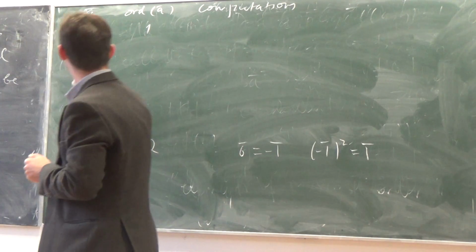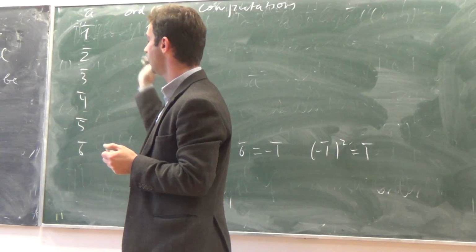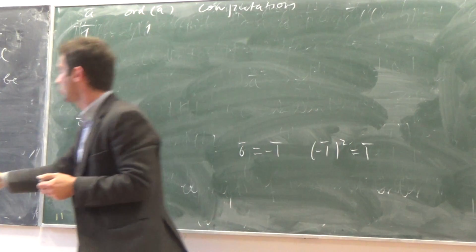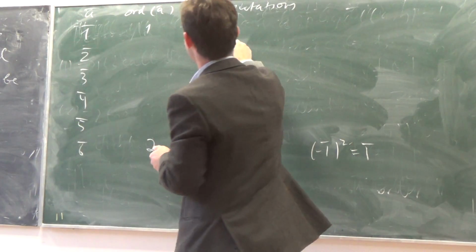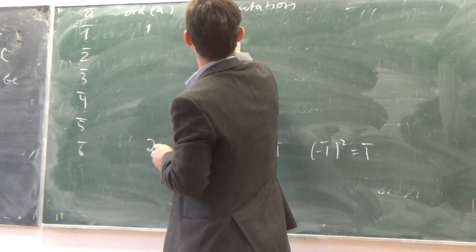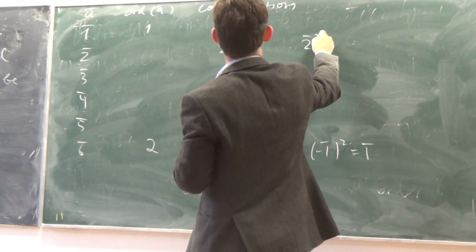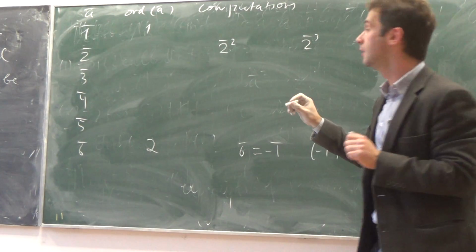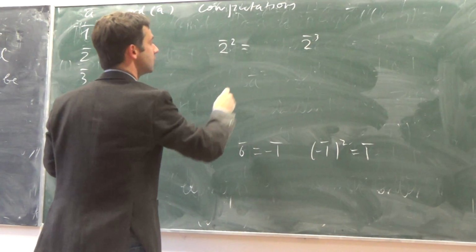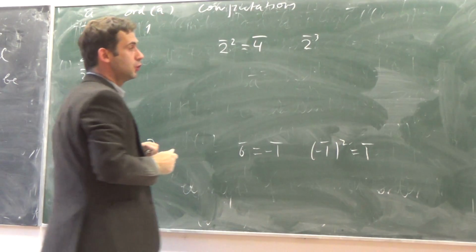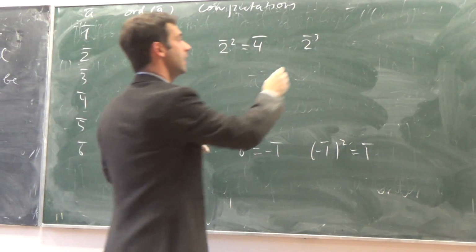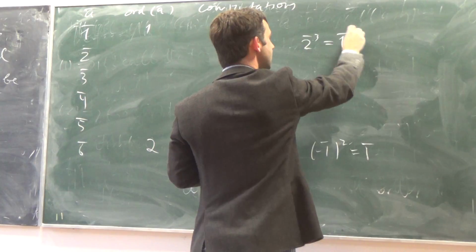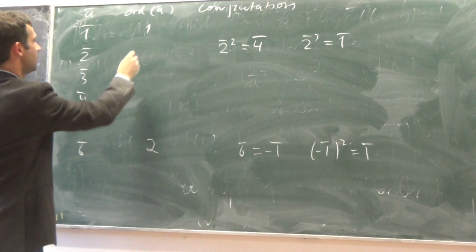Order 1 is only the identity element, the neutral element, and so it could be 2, 3, or 6. So for example, here I should do 2 squared, and if it doesn't work, the cube, and if it doesn't work, then it's order 6, it's done. So 2 squared is 4. This is not 1, and 2 cubed is 8. It is a 1. So the order is 3.